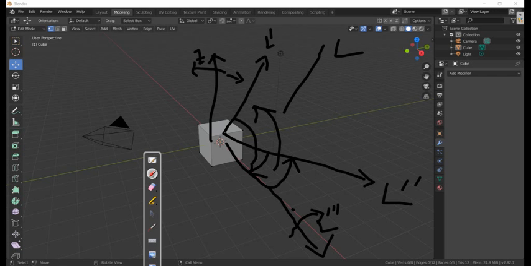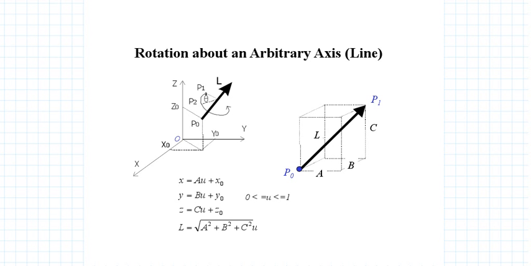So now I believe that you know the sequence of the operations. Let us look at the mathematical things briefly. First, you can define the line L by a vector xyz.